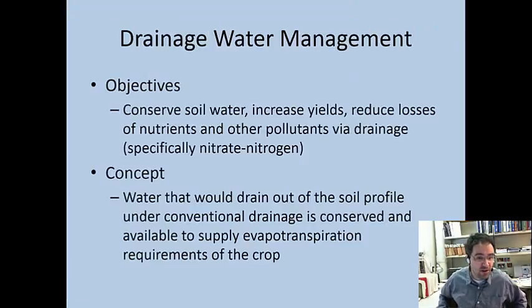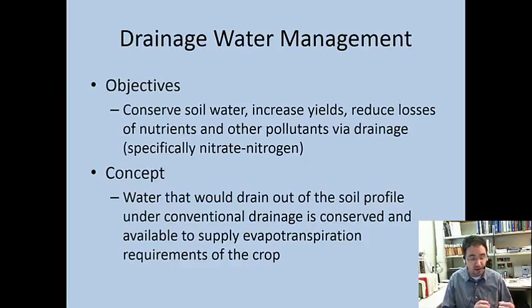As we look at drainage water management, the objectives are to conserve soil water, potentially have a positive yield benefit to the crop, and reduce losses of nutrients and other pollutants via the subsurface drainage system. In many of our areas, we're specifically concerned about nitrate nitrogen, but as we get into the Great Lakes basins, we may also be concerned about the phosphorus coming out of that drainage.